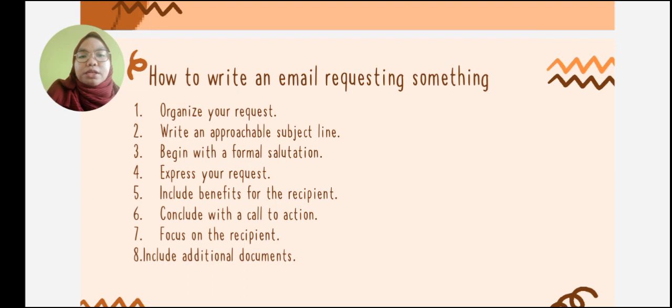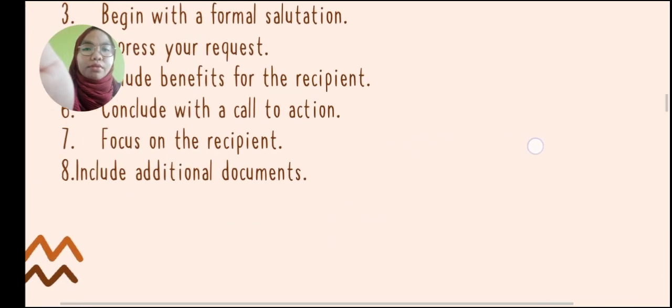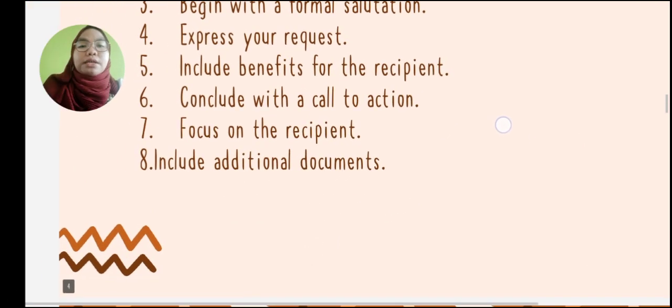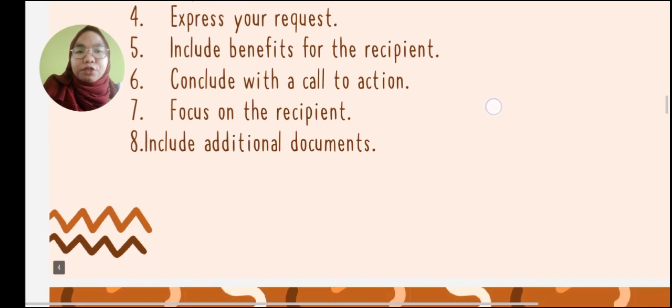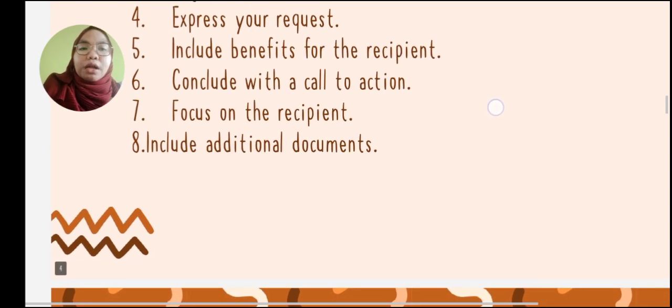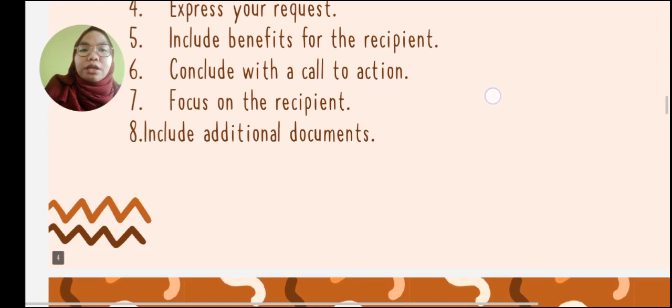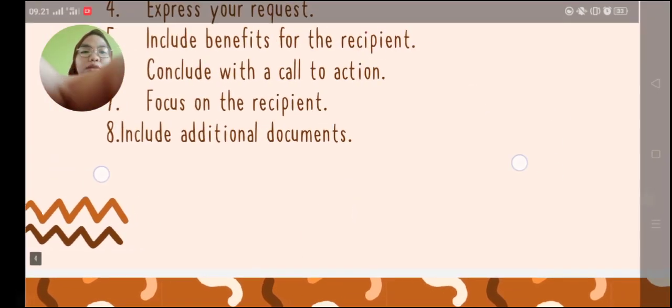Number 5 is include benefits for the recipient. Number 6 is include a call to action. Number 7 is focus on the recipients. Number 8 is include additional documents.